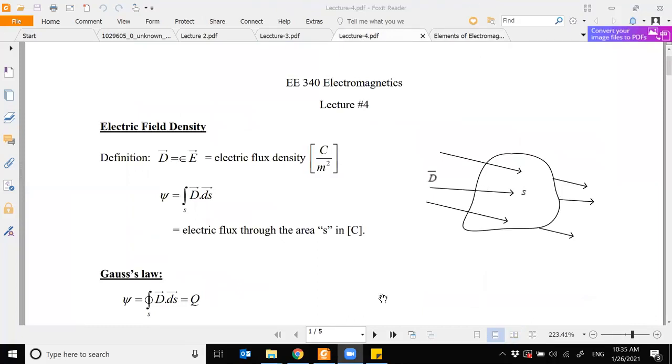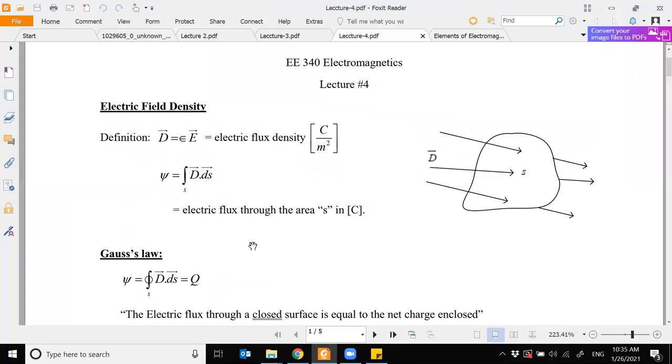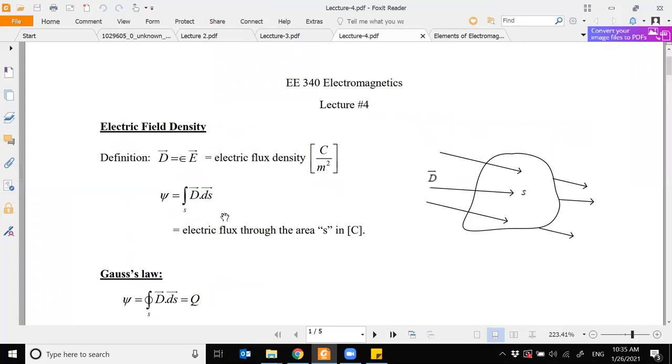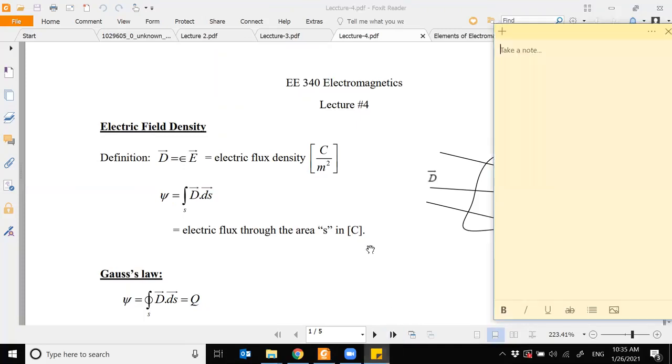Now let's go to chapter 4. In chapter 4, we are defining a term called electric field. We have first defined the term electric field intensity. E bar is our electric field intensity, which is in volts per meter. Now here we are defining another term called D bar, which just considers the material. Epsilon is the material in which your electric field is present.